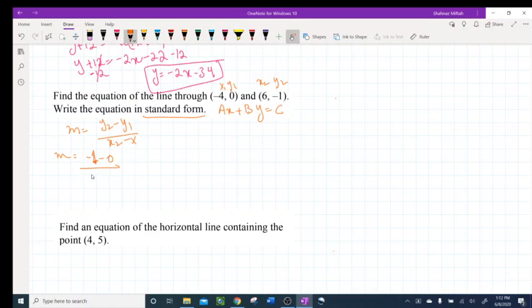And x2 is 6 minus, subtract -4, so 6 subtract -4. Then I have -1, and this is going to give me plus 6 plus 4 is 10. So my slope is -1/10, right? Now before I change it to standard form, I will use my point-slope so I can get y equals mx plus b.